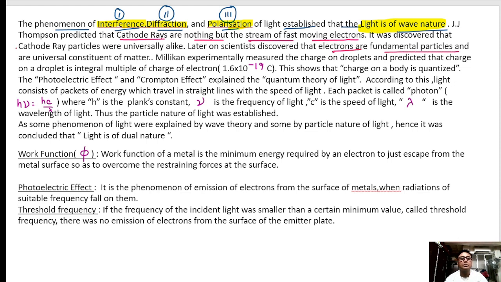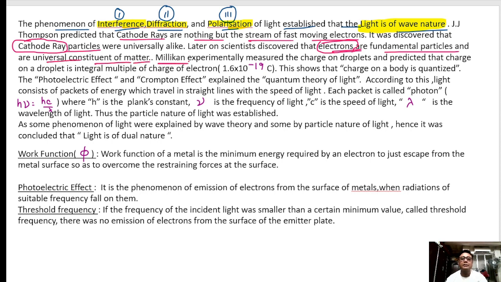So cathode rays were generally made up of particles, and these particles were later found to be electrons, a universal constituent of matter.